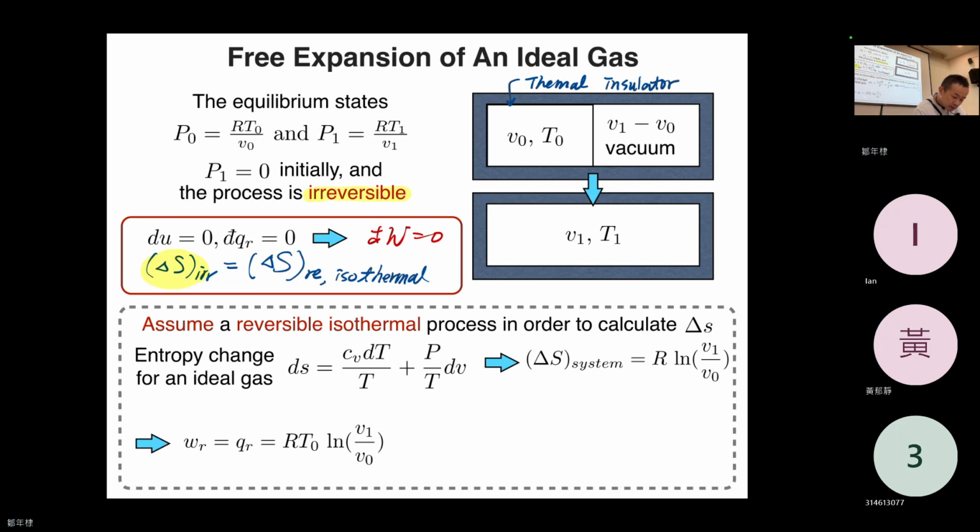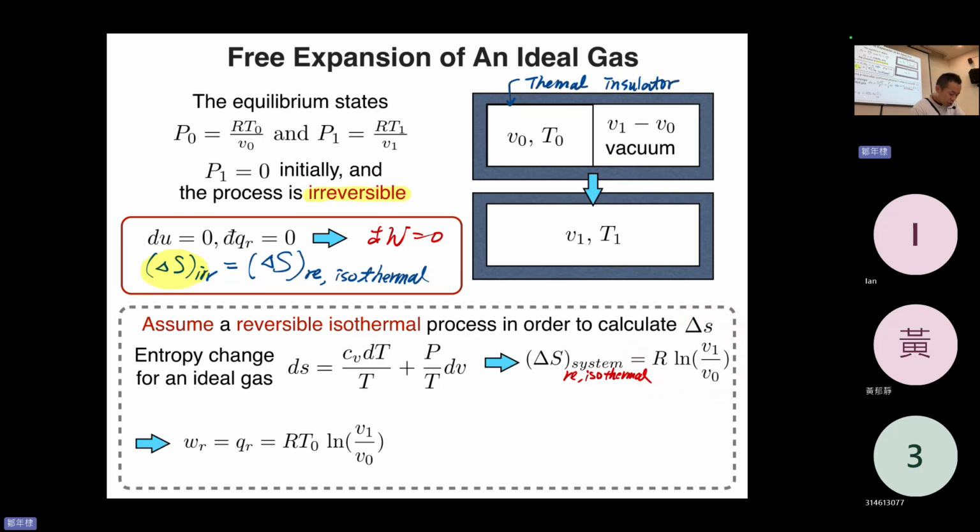Okay, we know for reversible isothermal the delta S is R natural log V1 over V0.